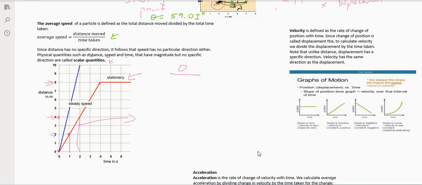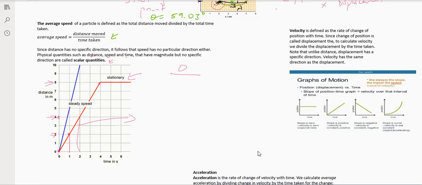Now we can look at it from that standpoint. When we talk about speed, speed can be referred to as instantaneous in some cases, and I just made mention of steady speed.